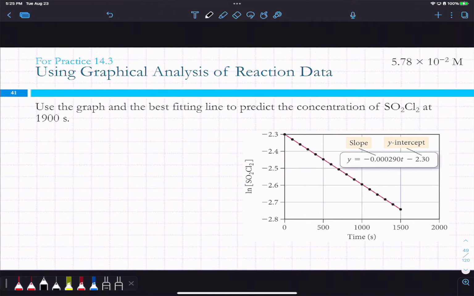So what if we wanted to predict out to some time in the future? Let's say at 1900 seconds, what would the concentration of sulfuryl chloride be? Well, we can just write in the equation. SO2Cl2 at t equals negative kt plus the natural log.